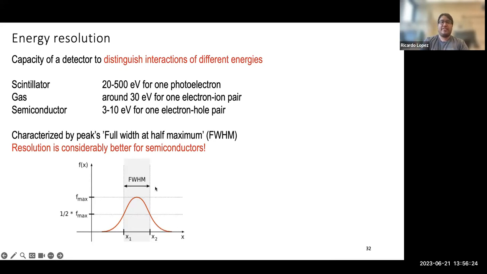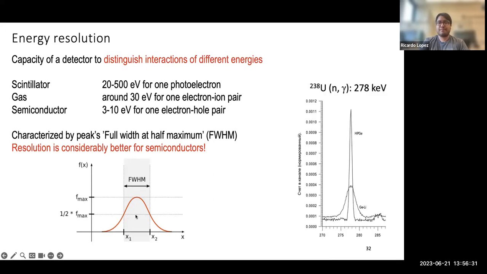And if you take the full width half max, which is the width of this distribution at half the maximum, that's a good indicator essentially of the energy resolution. It's often noted as the full width half max over the energy deposition, where you want a smaller resolution, which corresponds to very thin peaks, which ends up making it a lot easier to identify different energies, especially if they're very close together.